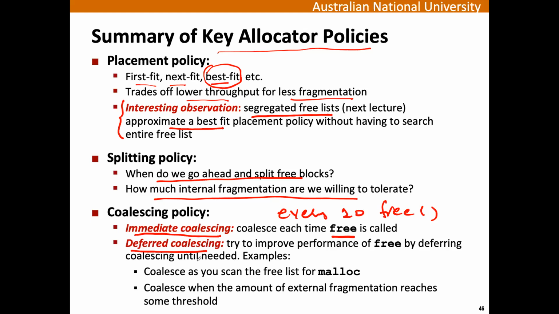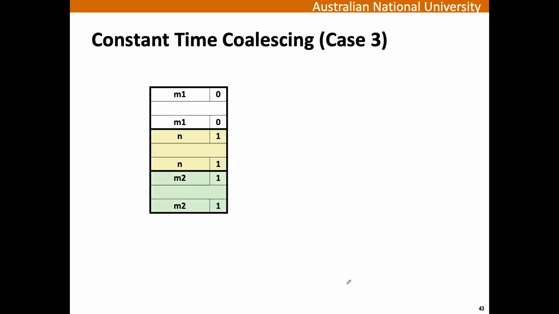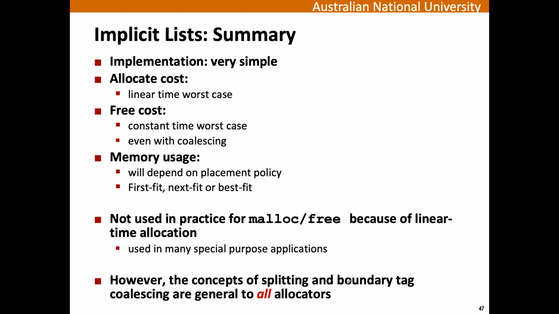You know, when my fragmentation reaches, I don't know, 60%, whatever 60% means, I'm going to start coalescing. Coalescing when the amount of external fragmentation reaches some threshold. So once again, these policies are a matter of fine-tuning. And once you have the base mechanisms in place, once you have code to do these 4 cases, it's up to you. You can evaluate lots of heuristics, lots of different policies.